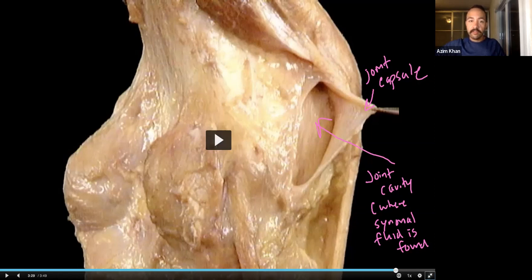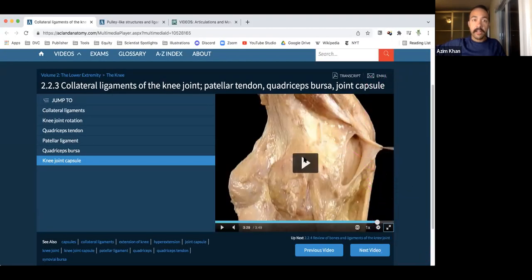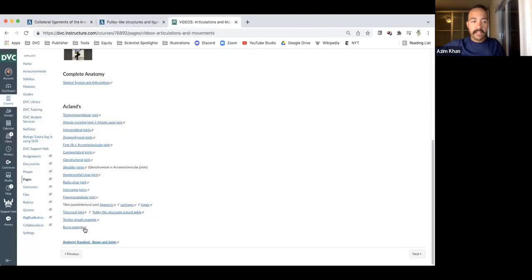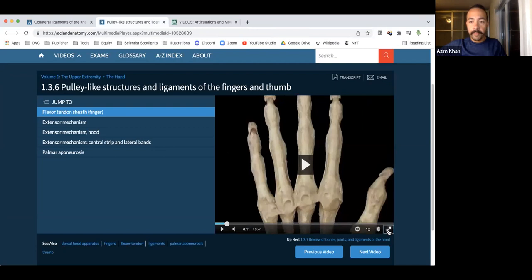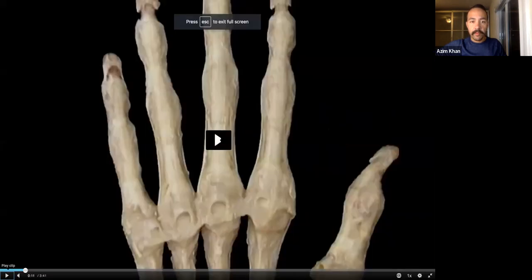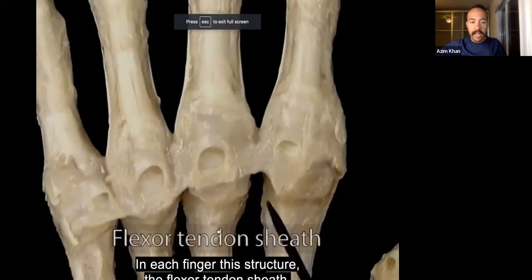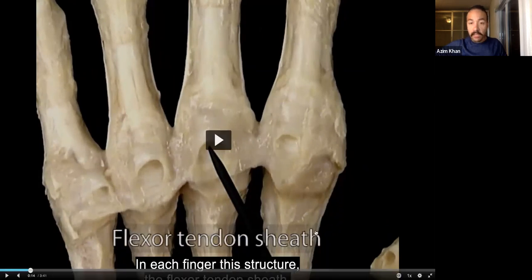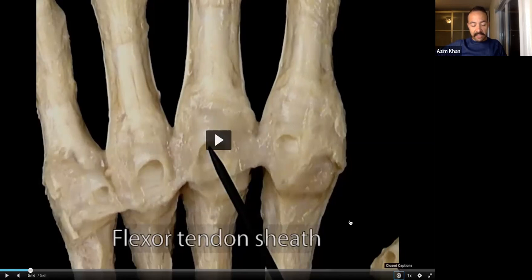Last thing I want to show is that tendon sheath example. Here we're looking at the hand, and you can see connective tissue making these tunnels down the fingers.